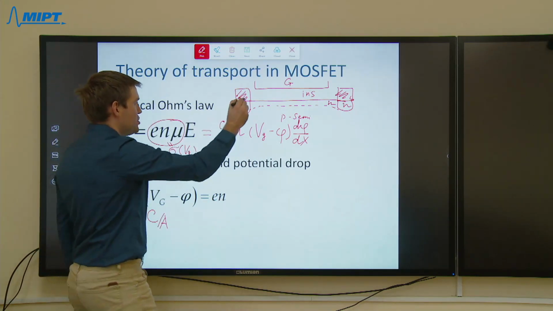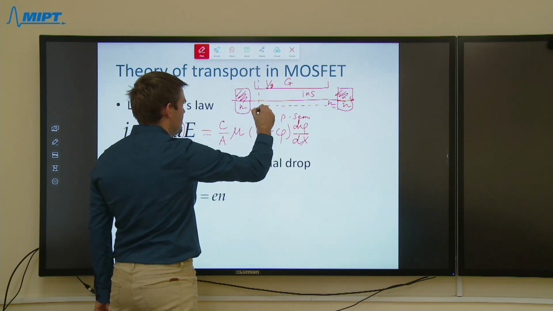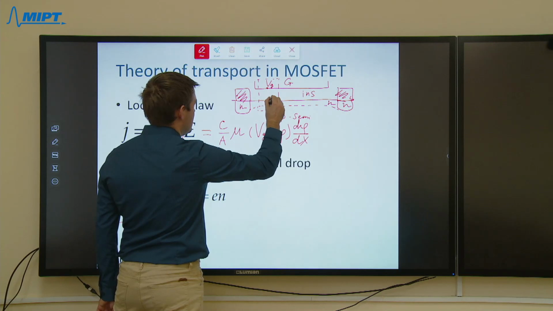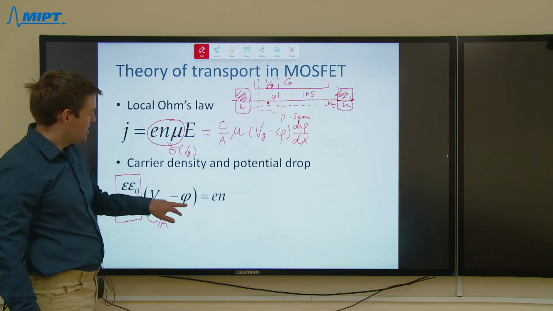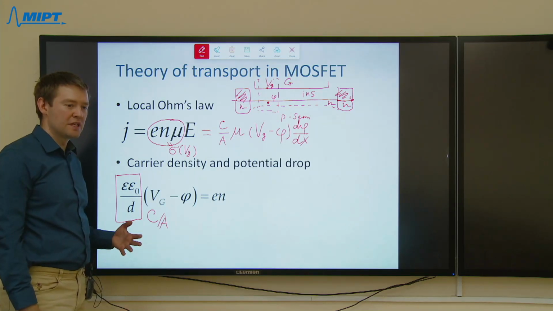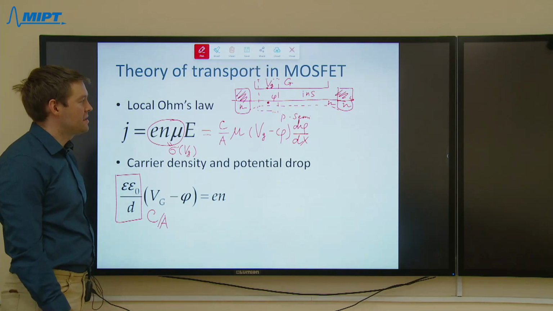So the voltage drop is measured between the gate at voltage Vg and some point of the channel where the local potential is phi. Namely, this voltage drop appears in the capacitor type relation between gate voltage and carrier density.